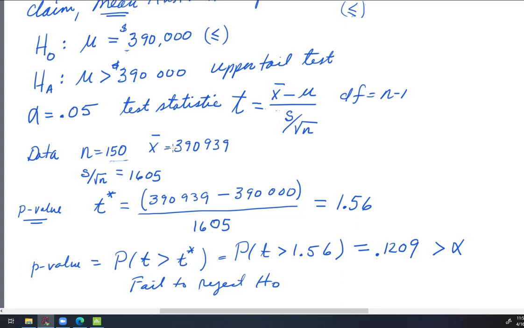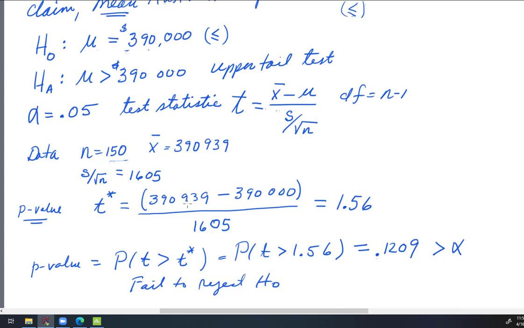That doesn't strengthen my belief in this H naught. But I know if I take a sample of size 150, I'm not going to get a sample mean of 390,000 every time. When H naught is true, sometimes my sample mean will be less, sometimes more.